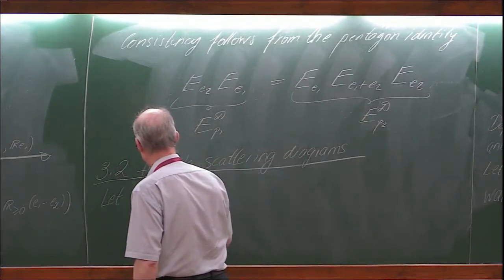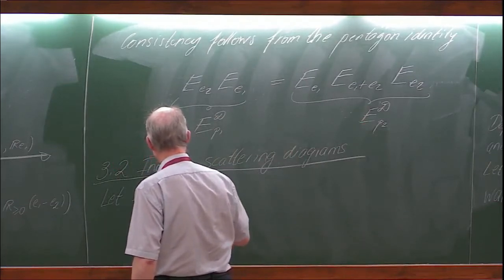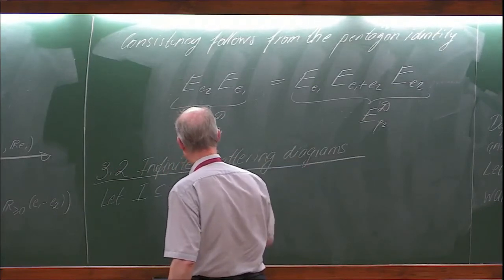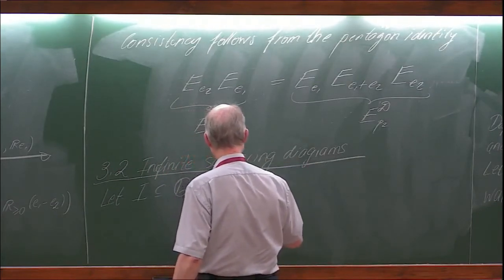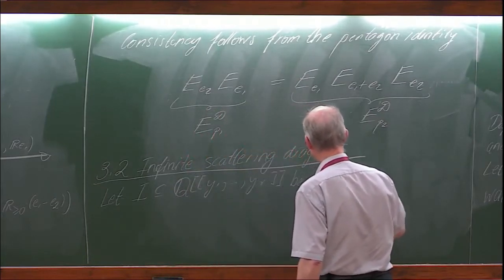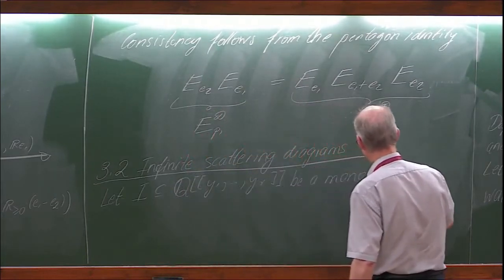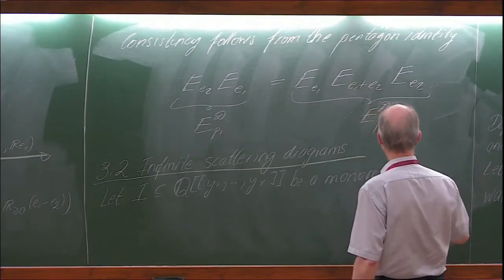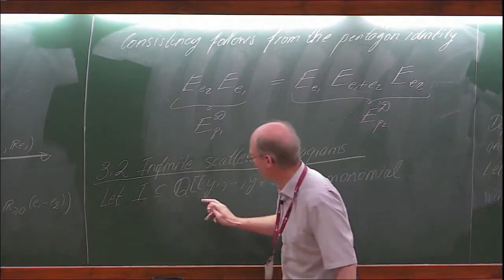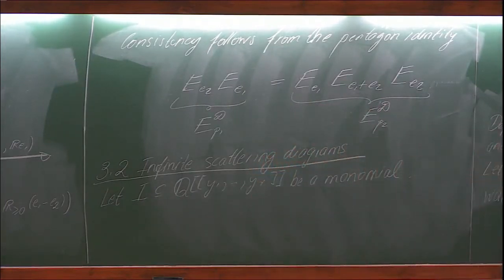And for the truncation operation, we look at monomial ideals in the power series algebra. We will define consistency of infinite scattering diagrams by reducing to the finite case, and the reduction is always modulo such a monomial ideal, which will be of finite codimension.